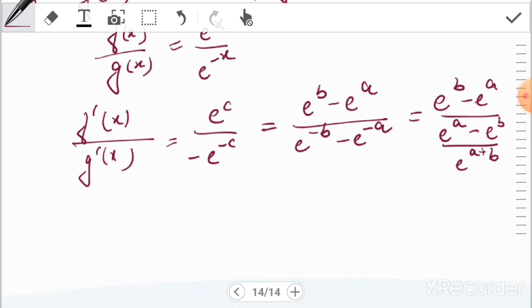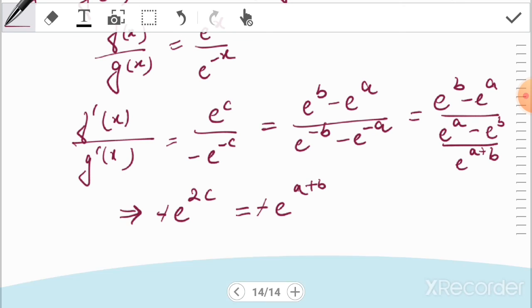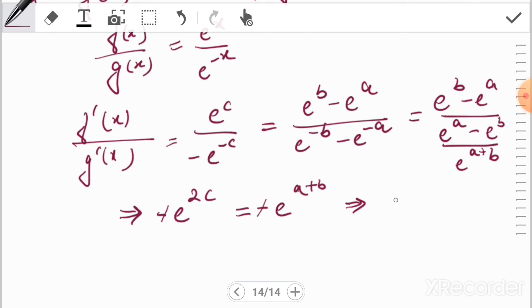Okay. So e^(2c) is equal to e^(a+b). So which gives c is equal to (a plus b) by 2.